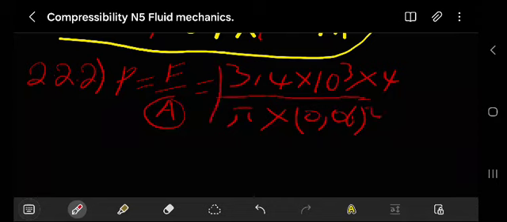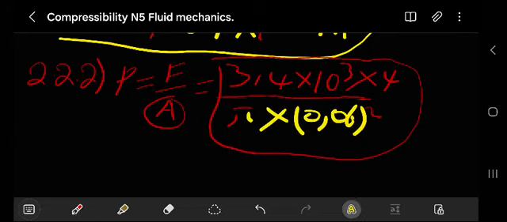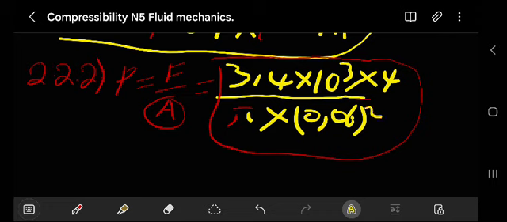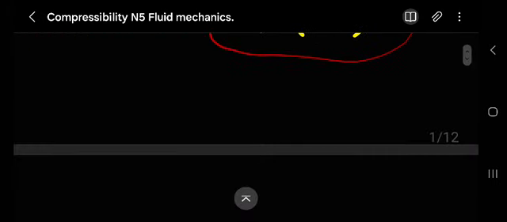Then punch this on your calculator. 3.4 times 10 power 3 multiplied by 4 divided by pi times 0.06, then you square that. If you've punched this, you should get your pressure.